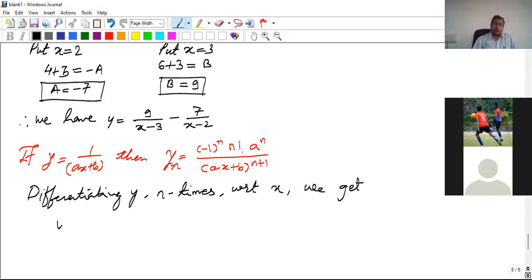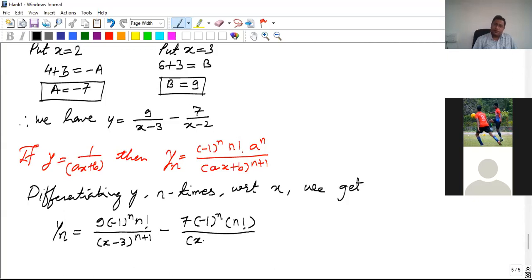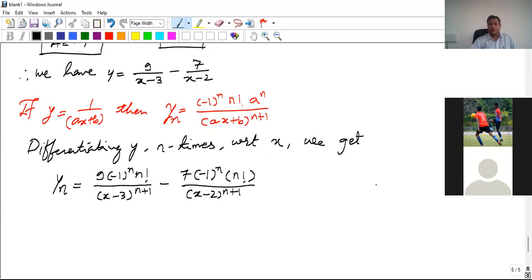For the second term, what is the value of a? 1. So we have 9 into (minus 1) raised to n into n factorial, upon (x minus 3) raised to n plus 1, minus 7 into (minus 1) raised to n into n factorial, upon (x minus 2) raised to n plus 1. So are you getting this nth derivative?